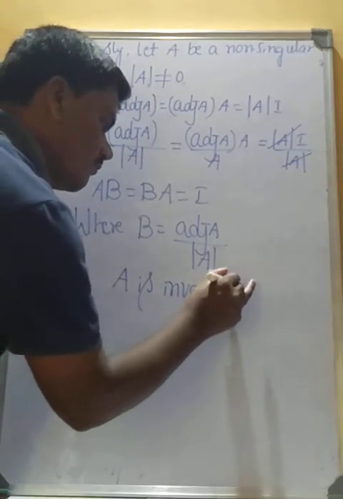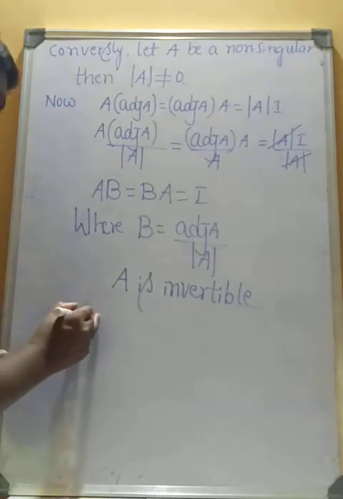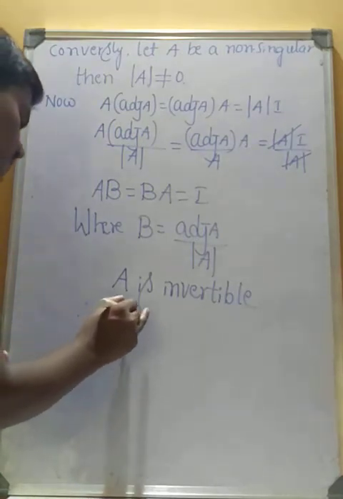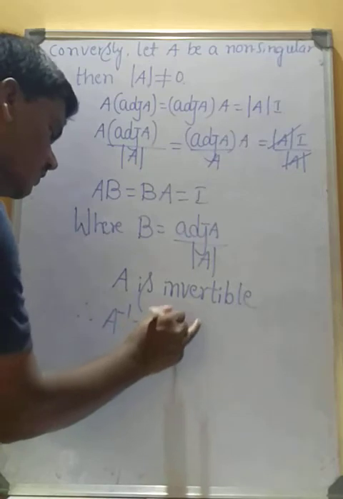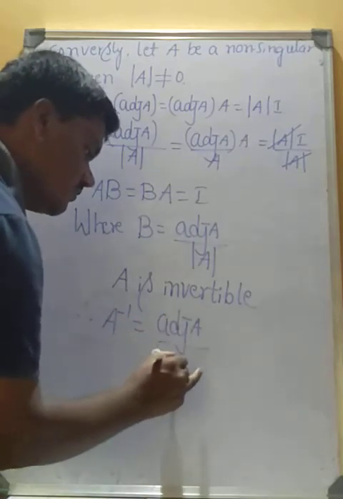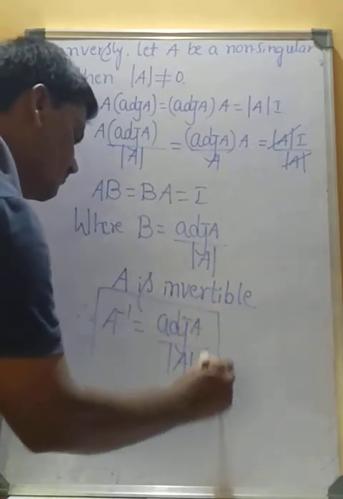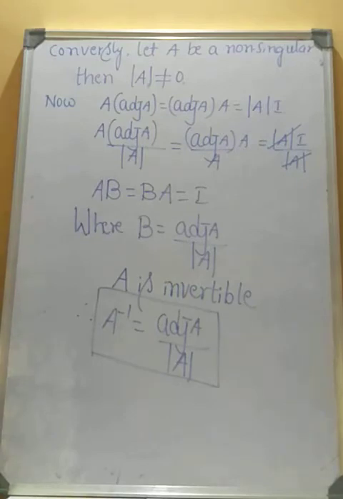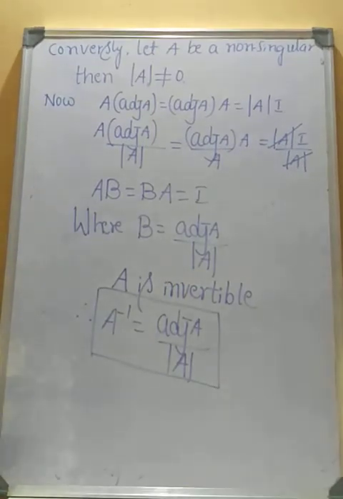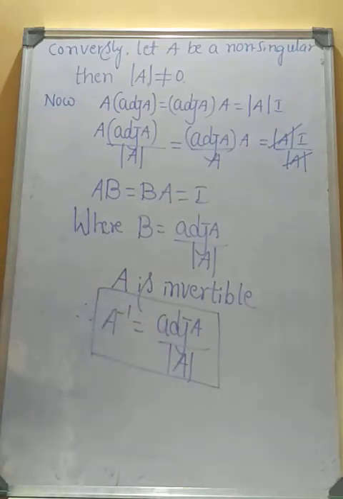Therefore, A inverse is equal to adjoint A divided by determinant of A. This is the inverse of a matrix. A inverse formula: adjoint A divided by determinant of A.